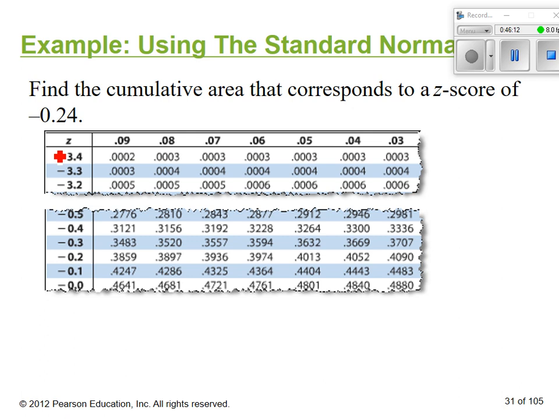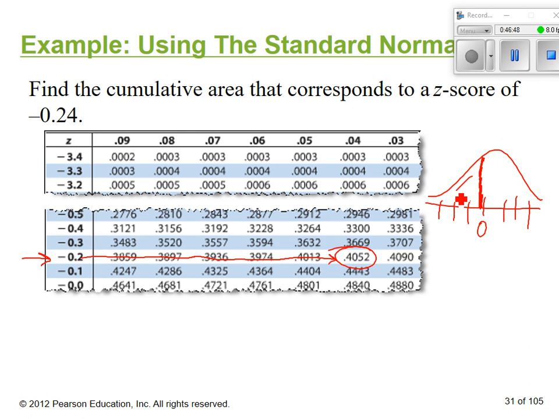The front page is the negatives. So if we want negative 0.24, we go down to negative 0.2, go over to the 4, which is that. I'm drawing this curve, and the curve doesn't have to look spectacular. 0 right there, 1, 2, 3 here, negative 1, negative 2, negative 3 there. We want negative 0.24, which would be just to the left side of 0.